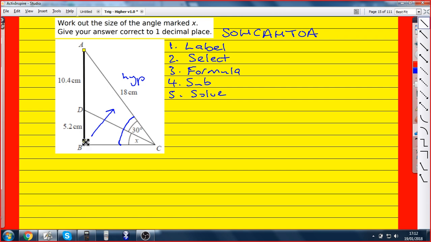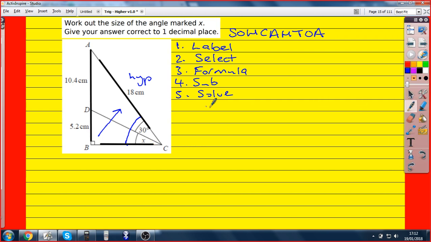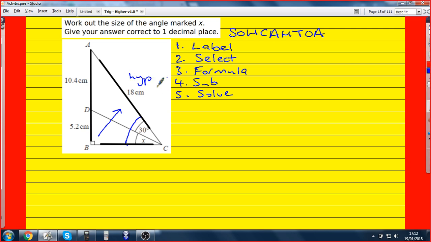So you have to add 10.4 centimeters and 5.2 centimeters. Yeah, and what is that? That is 15.6 centimeters. Okay, and what is that side in relation to the angle? We already have the hypotenuse, 18 centimeters.